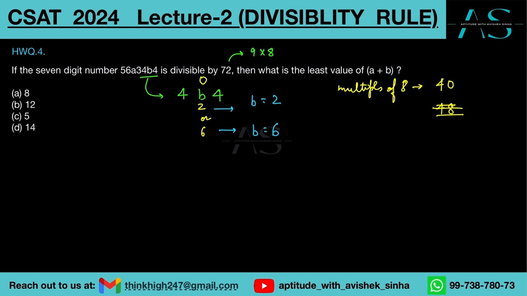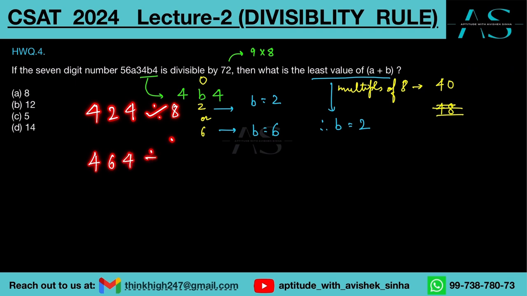Now what are we looking at? We are looking for the least value of A and B. By looking at this constraint, I'll try to put B as 2. But these two are the possibilities. Now just think of it. 424 is exactly divisible by 8. Also 464 is again exactly divisible by 8.